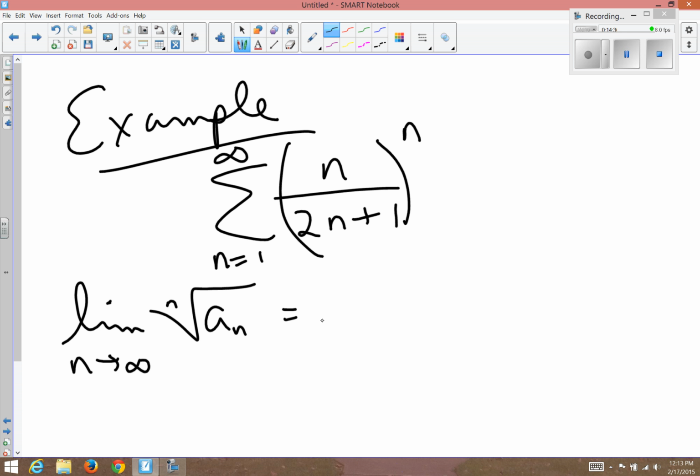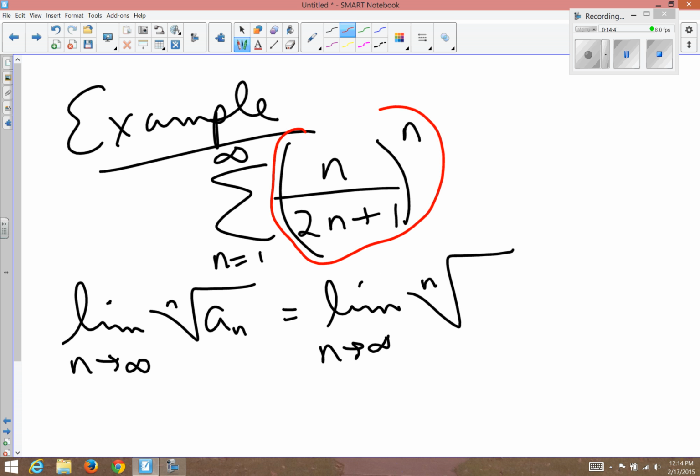In this example, that means the nth root of the nth term, what's here is called the nth term. Just put red around it, (n/(2n+1)) raised to the nth power.